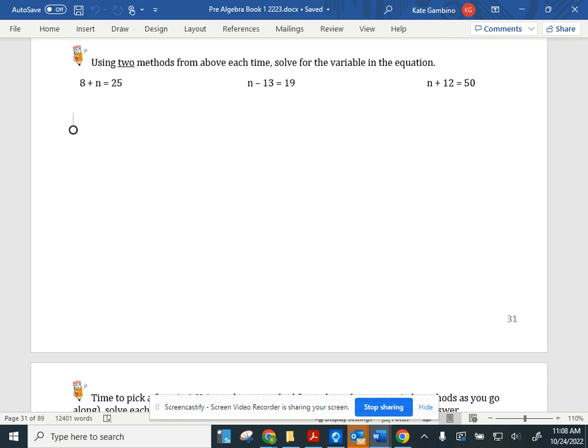Then, on our second page, so this is three problems here that you need to do two methods for. So if we look at that, we could say 8 plus what number is 25?